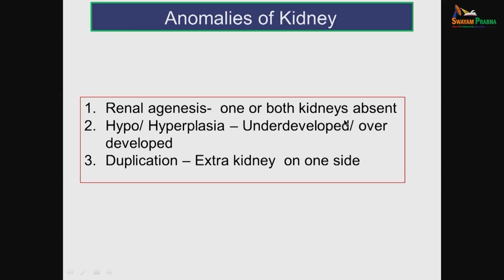One or both kidneys can be absent. There can be hypo or hyperplasia of the kidney, that is, if underdeveloped, it is called hypoplasia; overdeveloped, it is called hyperplasia. Sometimes there can be duplication of the kidney. There can be an extra kidney on one side.